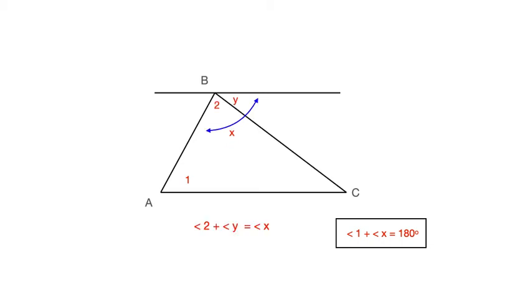And let's reinsert line segment BC, and we can see that angle x is the sum of two smaller angles, 2 and y. So we can say that angle 1 plus angle 2 plus angle y equal 180 degrees.